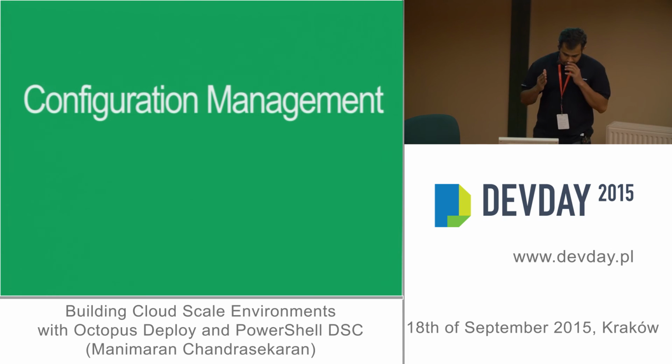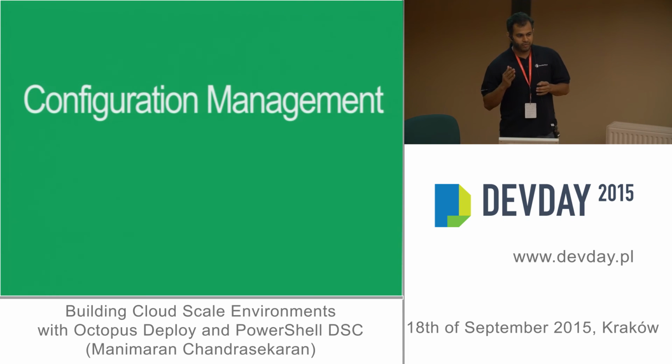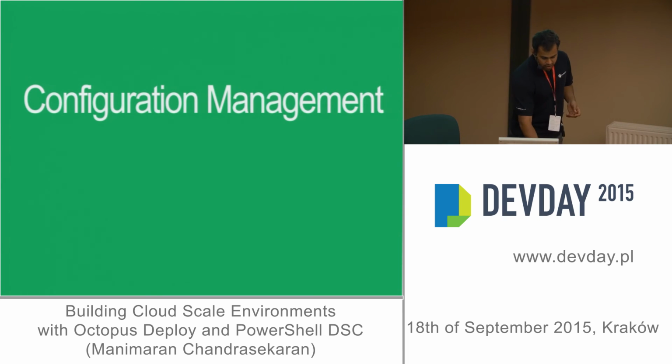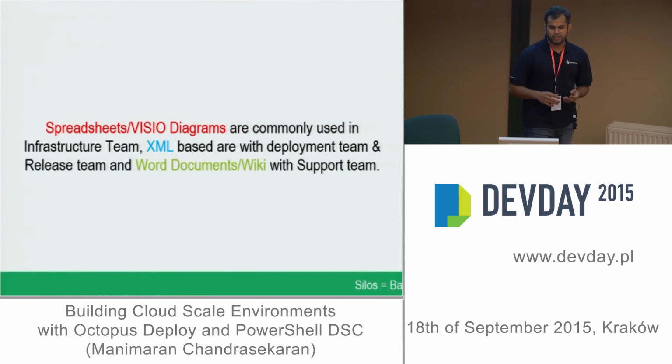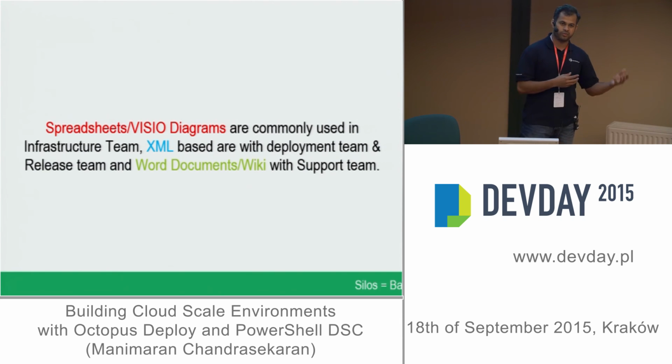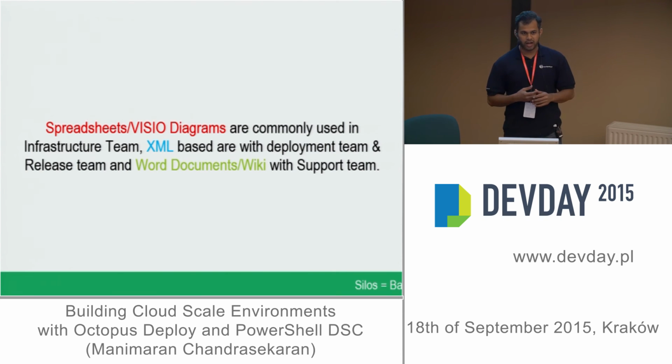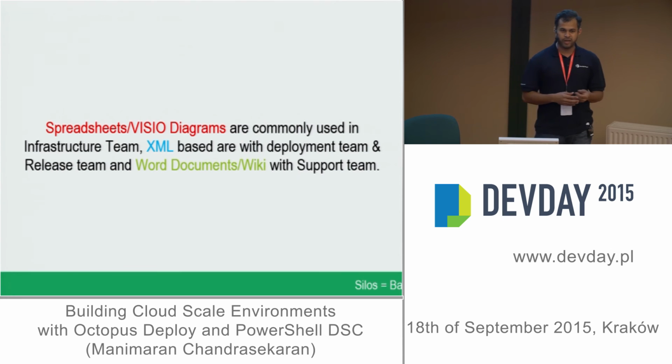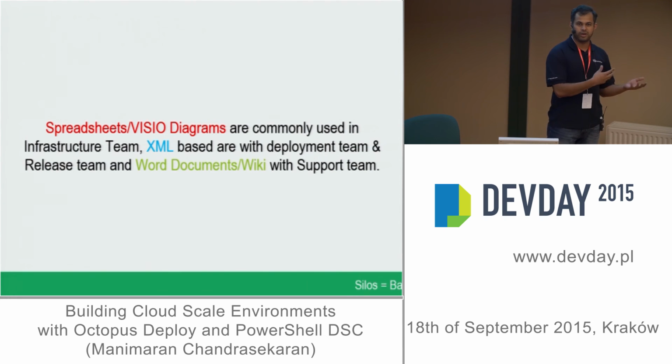The infrastructure team maintains in spreadsheets or visual diagrams what the configuration values for the infrastructure are, how the network is done, how security groups and all sorts of stuff. And it's basically XML based between the deployment team or release team.